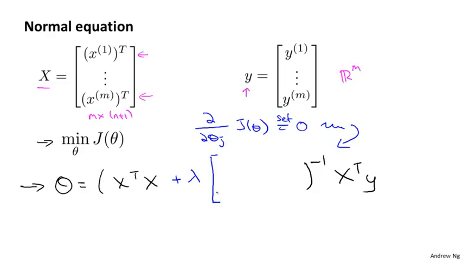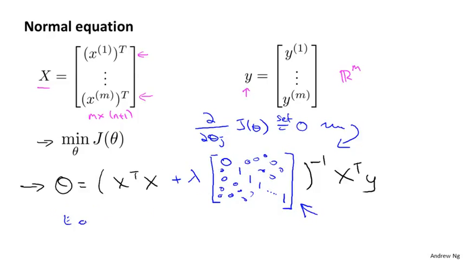Inside this parenthesis, you end up with a matrix like this: 0, 1, 1, 1, and so on, 1 until the bottom. So this is a matrix whose upper leftmost entry is 0, there are 1s on the diagonal, and 0s everywhere else, because I'm drawing this a little bit sloppily.